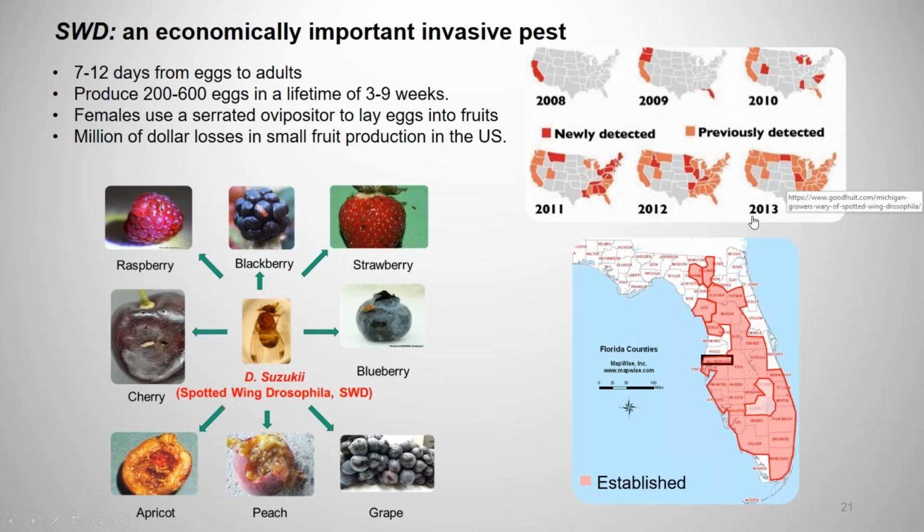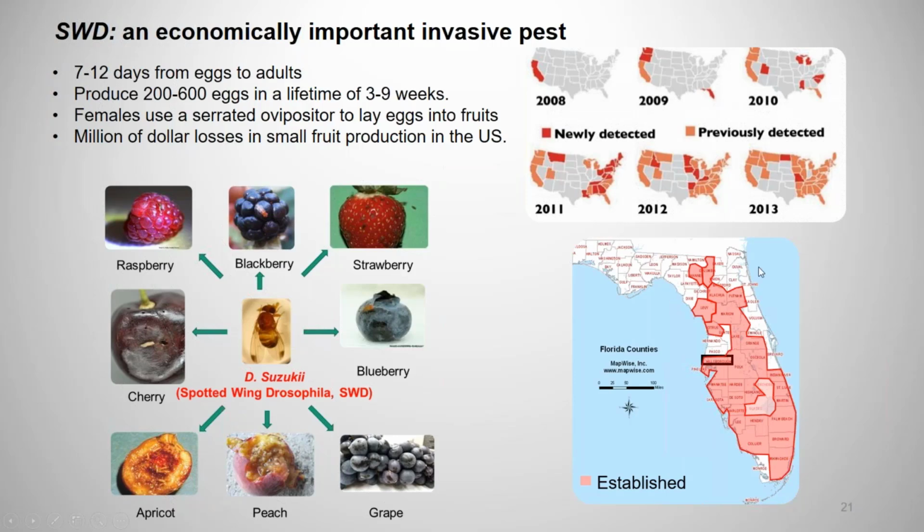This is already an outdated map from 2013, but right now it's detected in over 42 different states in the US. And taking Florida as an example, it was detected in one county, Hillsborough, in 2009, and then in just 4 years, it has spread all over the place in Florida.